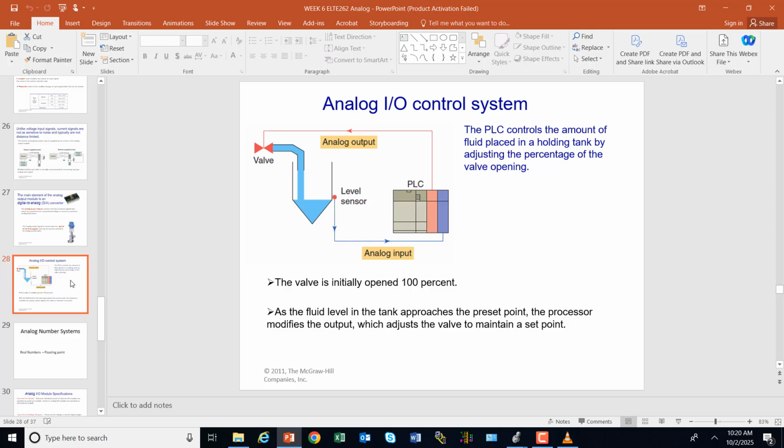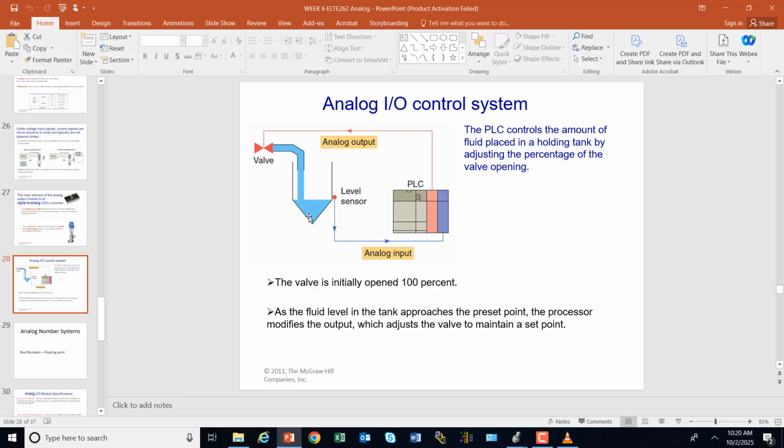So if you talk about an analog I/O control system, in a few weeks we'll get into more of a PID control, where the system feeds back on itself to reach a set point. In this case, they're showing a valve opening to fill a tank.